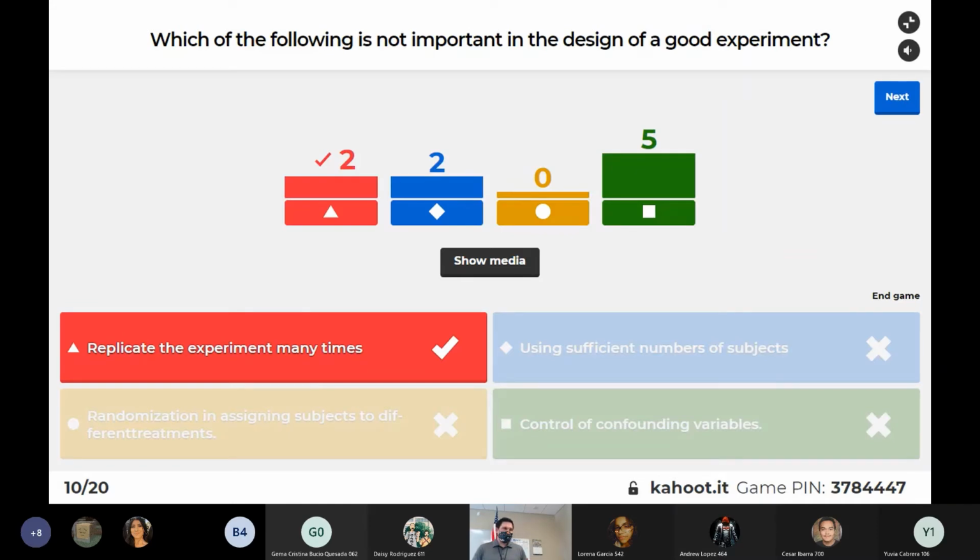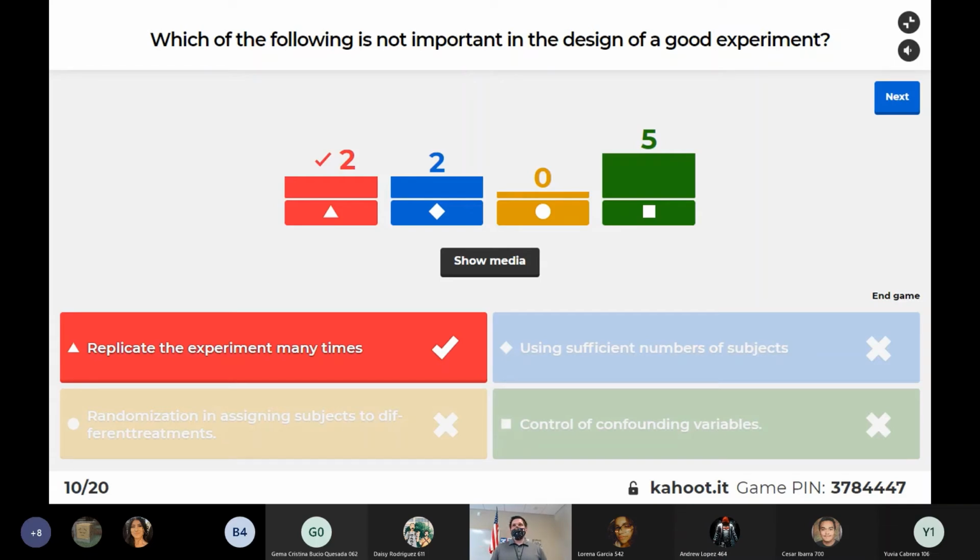All right, so we do not need to replicate the experiment many times. Mostly this comes down to the wording of the question. If I'm replicating an experiment many times, it's already been designed. So that part is not necessarily needed to design the experiment.